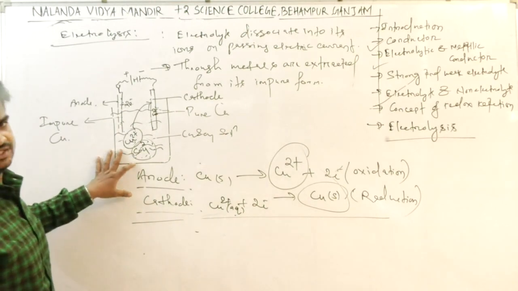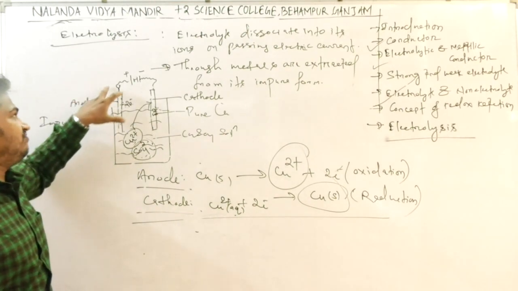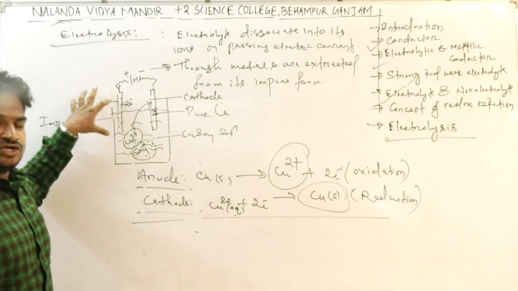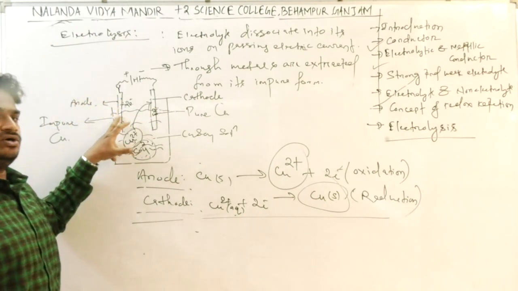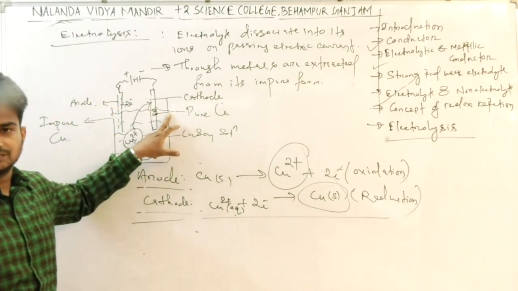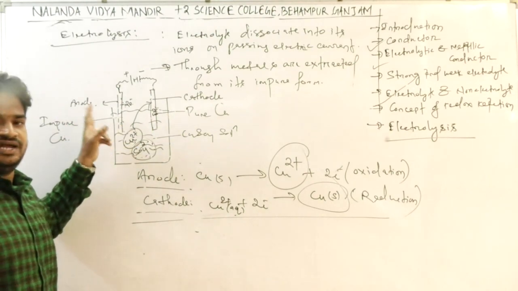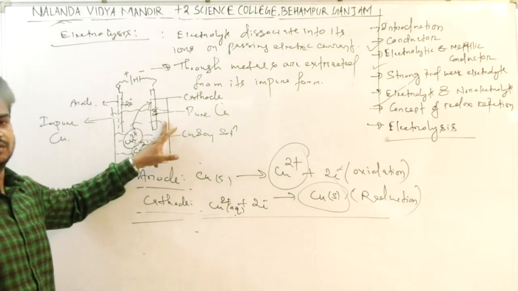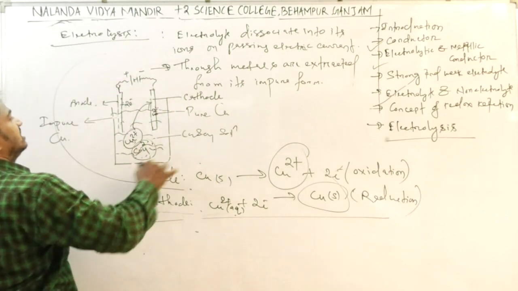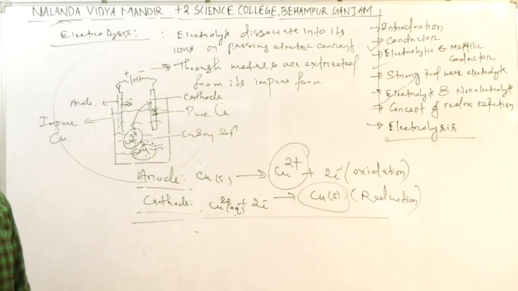So likewise, by the flowing of electrons, current will enter at the anode and leave at the cathode. So this is the electrolysis of copper sulfate.